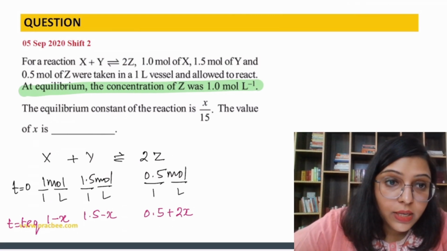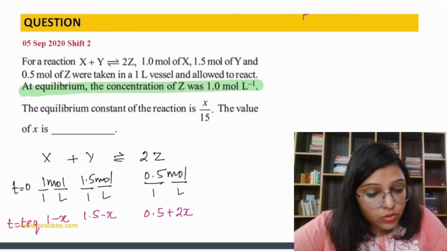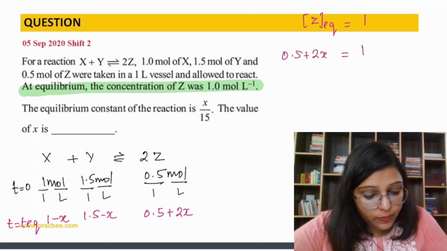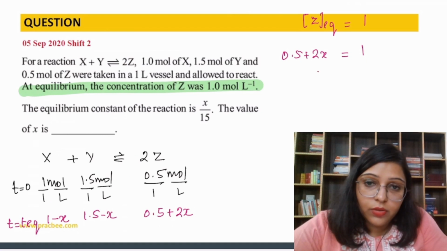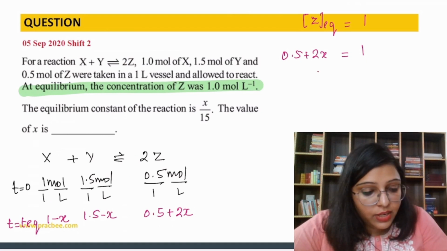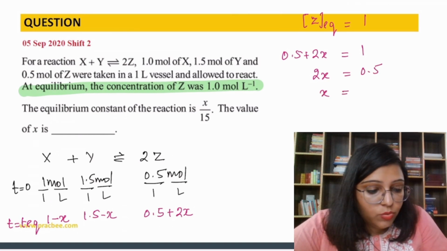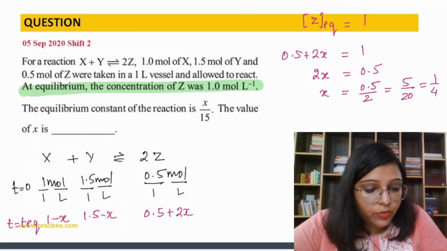So Z at equilibrium is 1 mole per liter, which is 0.5 plus 2X equal to 1. From here we can find the value of X. So 2X is equal to 0.5, and X is equal to 0.5 divided by 2, which is 1 by 4.